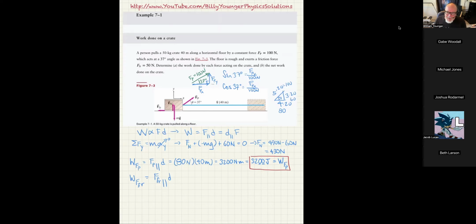But the way we account for that is we say the force is acting in the negative direction, so you end up getting a negative amount of work. So we're going to take the friction force and put a negative in front of it, and write 50 newtons. The negative is because the force is in contradiction to the displacement, literally going the opposite way. Whenever you have a force going one way and the displacement going exactly the opposite, that work is going to have to be a negative quantity.